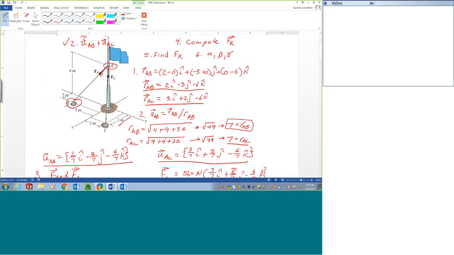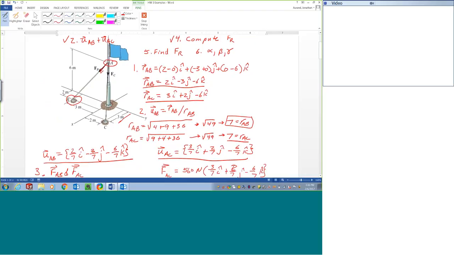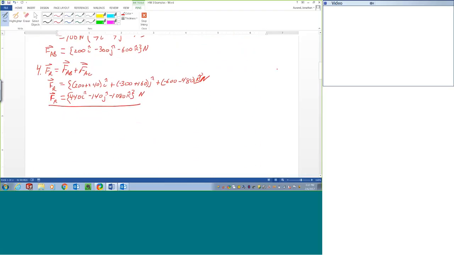So we got FR taken care of. Now we're going to find the magnitude of FR in step 5. FR is going to equal the square root of each of these components squared. So we got 440 squared plus negative 140 squared plus negative 1080 squared.